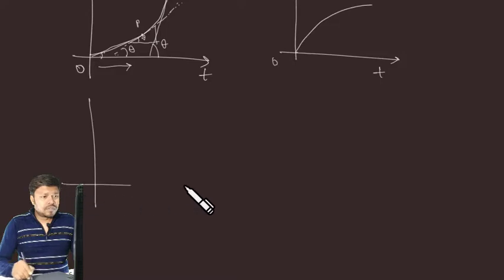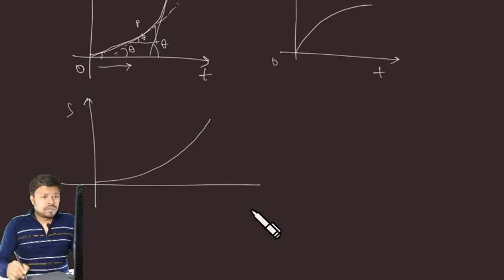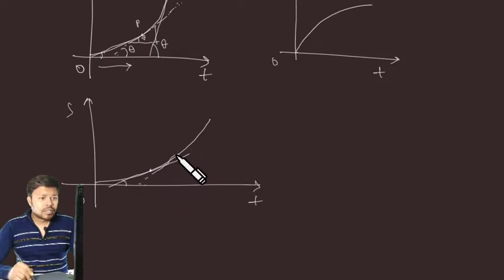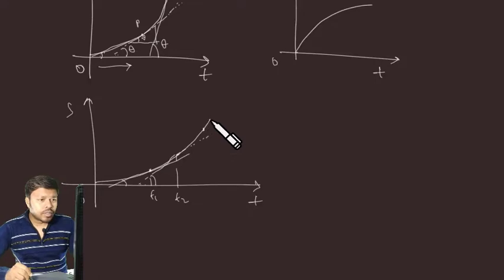So the graph is this. T0. At this point, theta was this, at this point P, and then at this point, let's say theta looks like this, and then at this point, so this is time T1, time T2, and then at this point the theta looks like this.